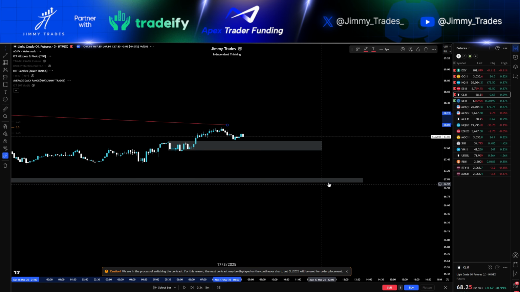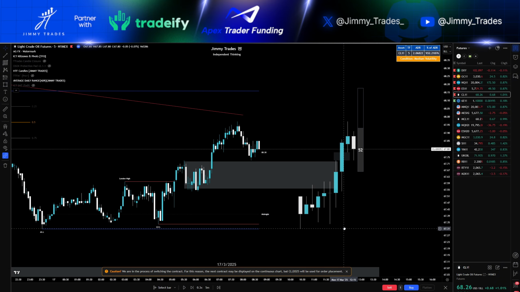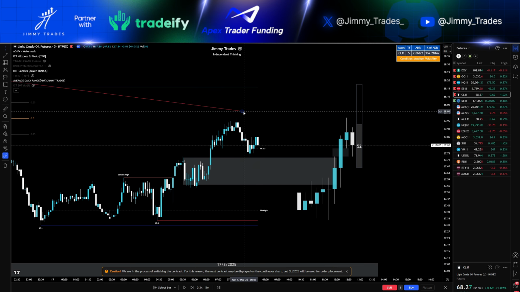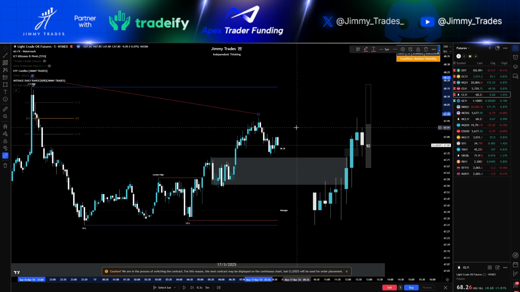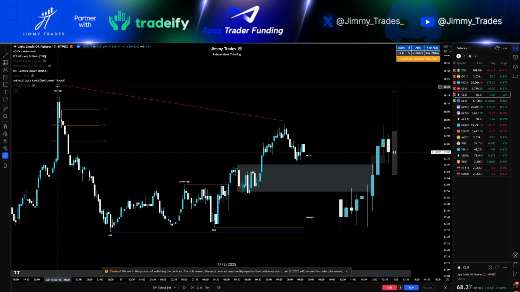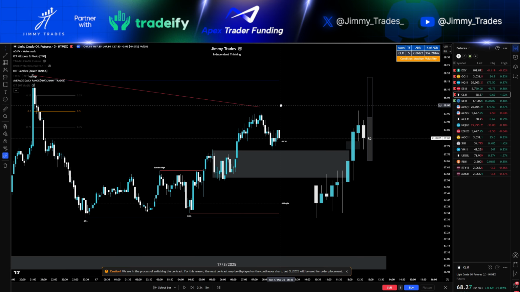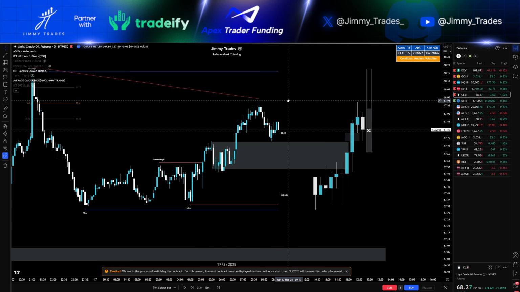Now we drop back to the 5-minute chart, and RB took the Asia high where CL did not. So this is what we're using for our high time frame point of interest. This is why I believe this is an A+ trade. I didn't take this trade.